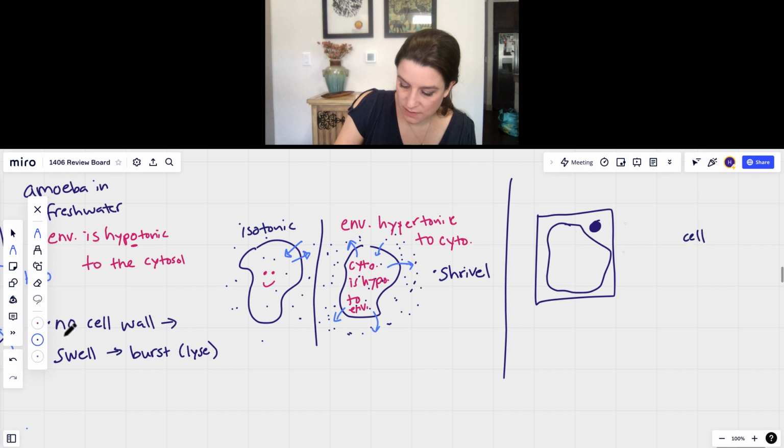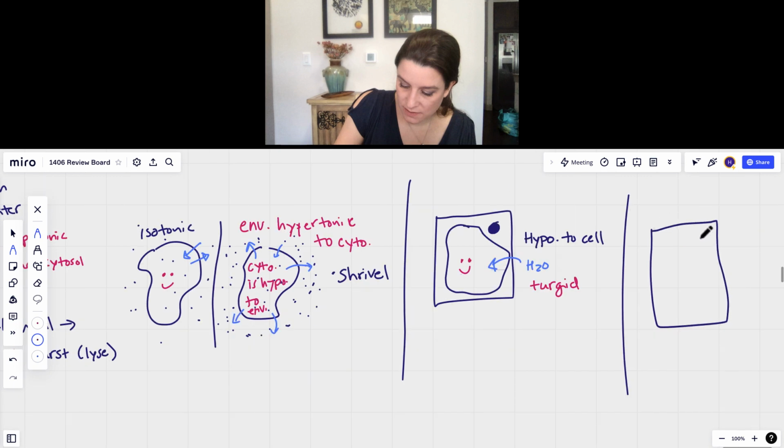That means water overall is going to be moving in, which means that the cell is turgid, or swollen, but because it has a cell wall, it doesn't explode, which is a positive state, so it keeps it nice and plump. So a hypotonic environment with a cell wall is a good, stable state. What about a cell with a cell wall in an isotonic environment?